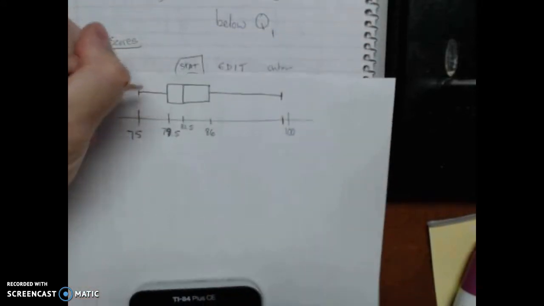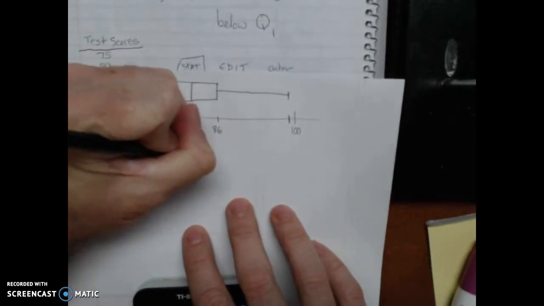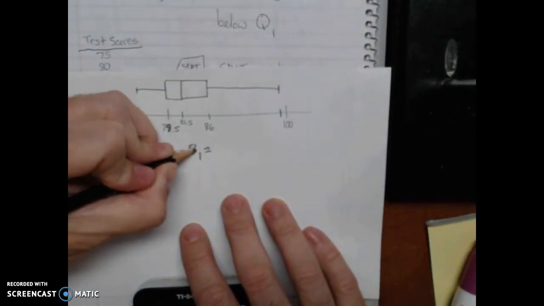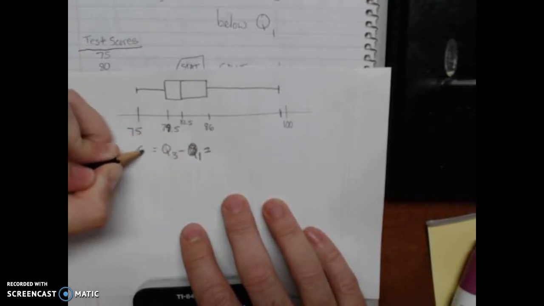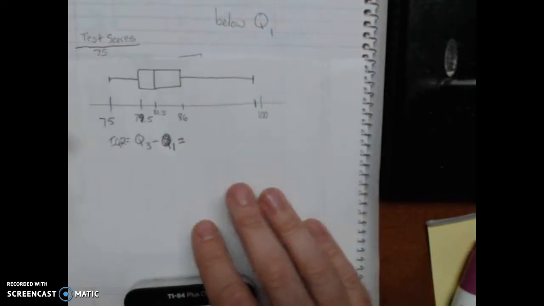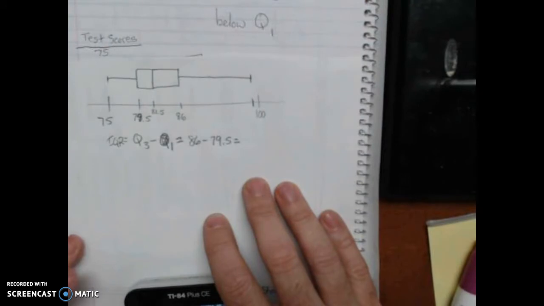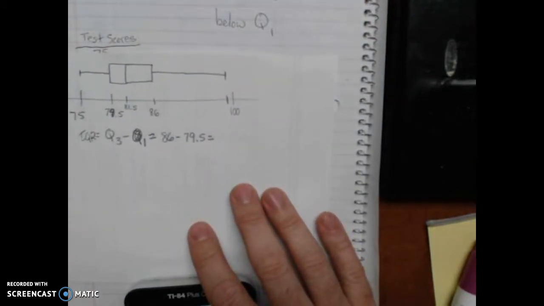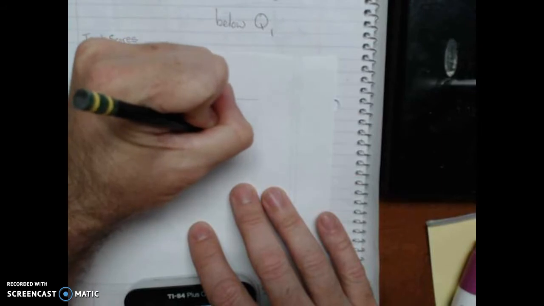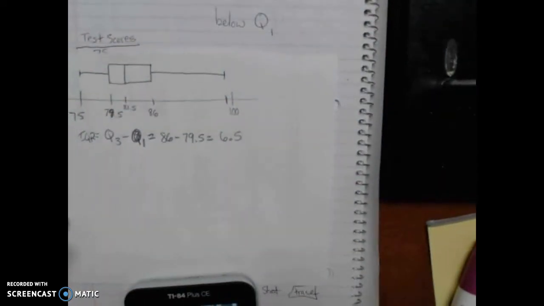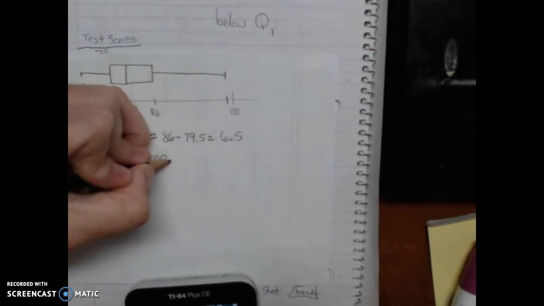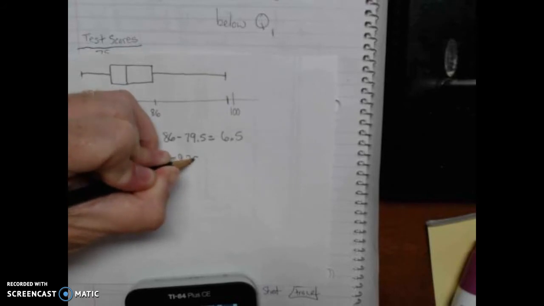Quartile 3 minus quartile 1 is our interquartile range, the IQR. In this case, it would be 86 minus 79.5, which is 6.5. Then we need to go 6.5 times 1.5 to get my 1.5 times IQR. This is what we're going to use to check for outliers, and that's 9.75.